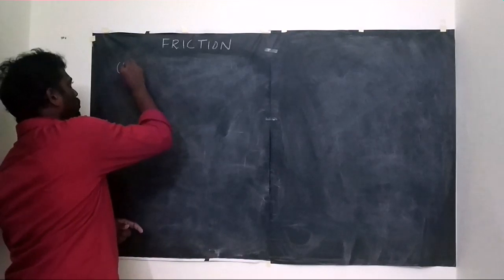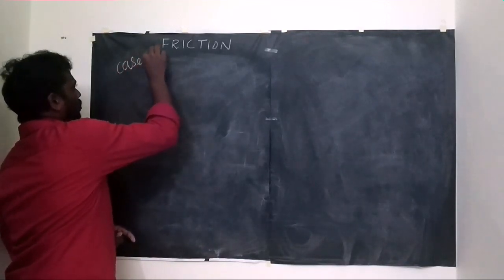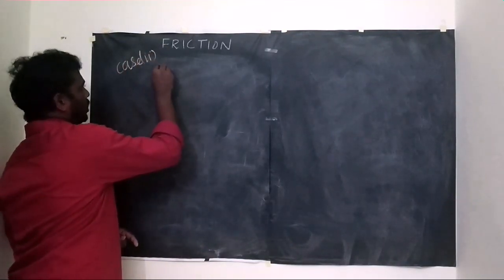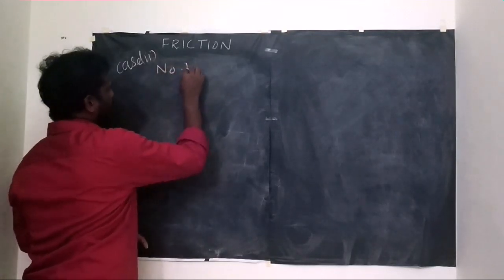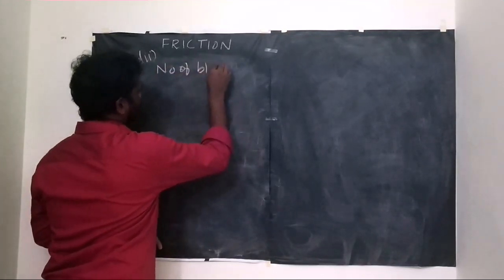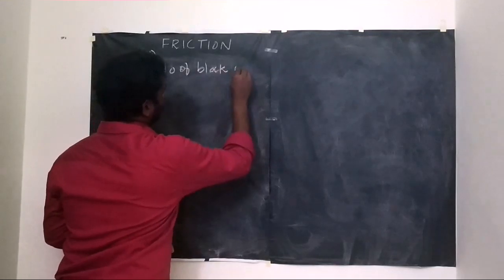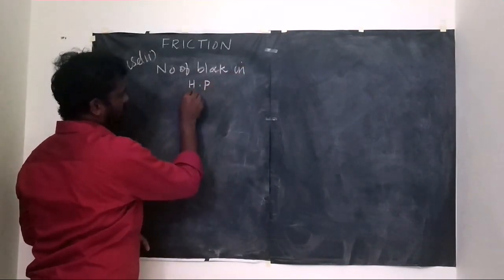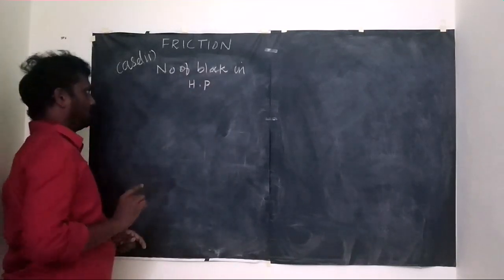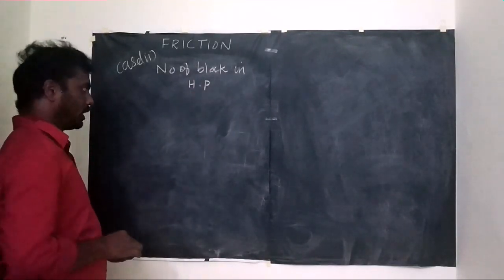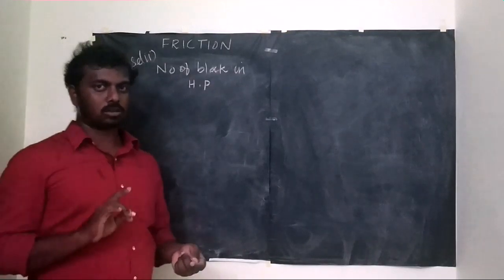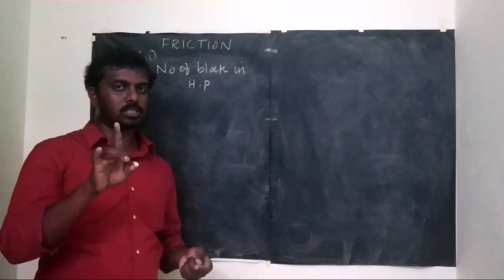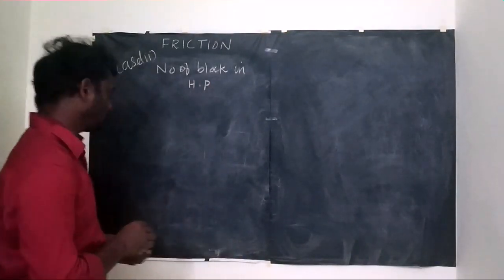In case 2, my topic is number of blocks on a horizontal plane. Here I am going to take two blocks placed on the horizontal plane.